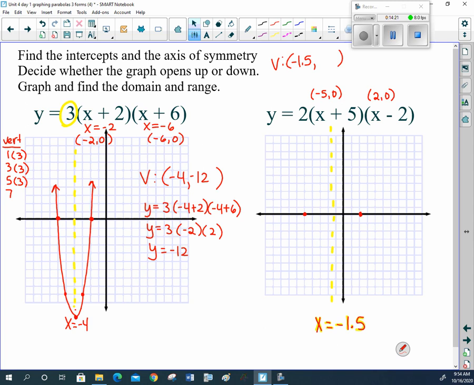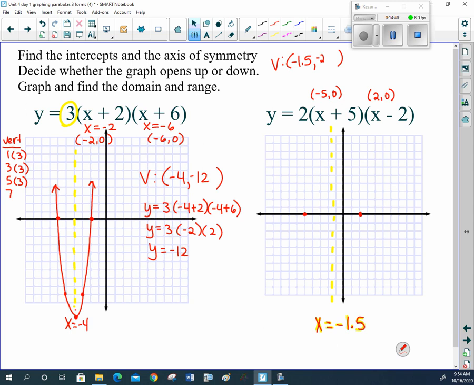So I'm just going to type this one into my calculator. -1.5 plus 5, close my parenthesis, and then parenthesis, -1.5 minus 2, and we end up with -24.5.